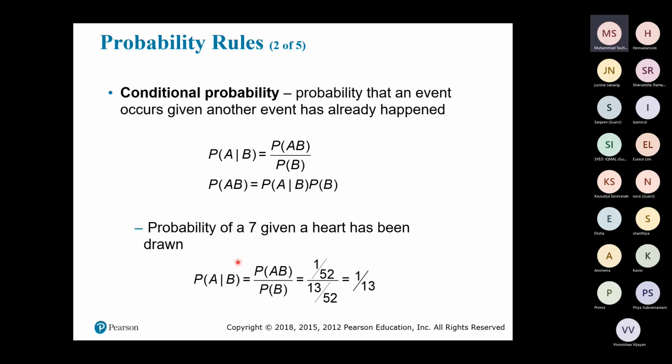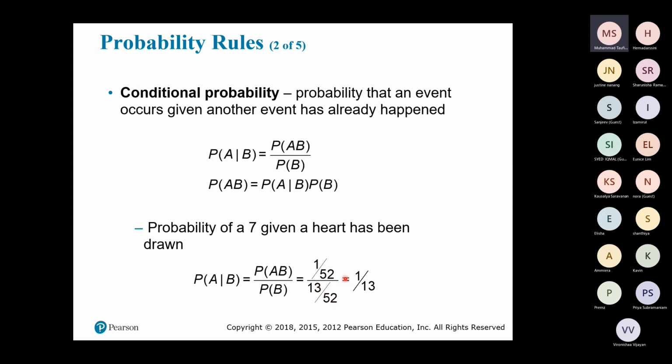Okay, all right. Then calculate it. The event of pulling a 7 after pulling a heart is the probability that the 7 of hearts is pulled, divided by the probability that a heart is pulled. Then you will get 1 over 52 divided by 13 over 52.